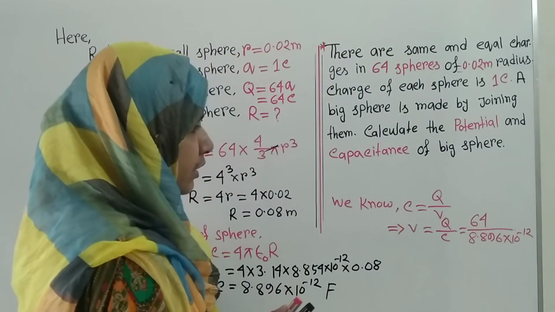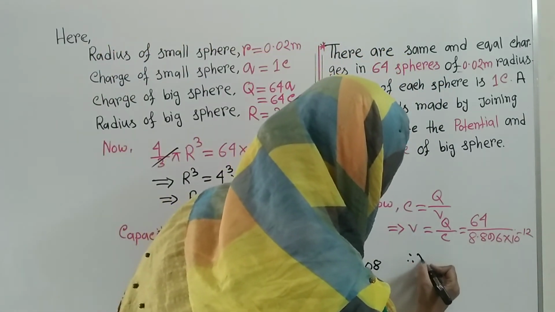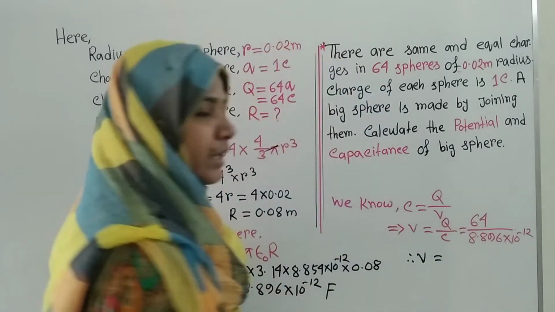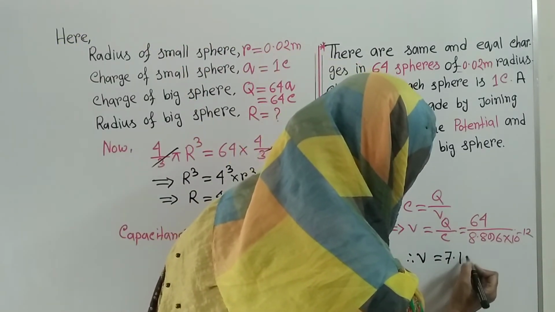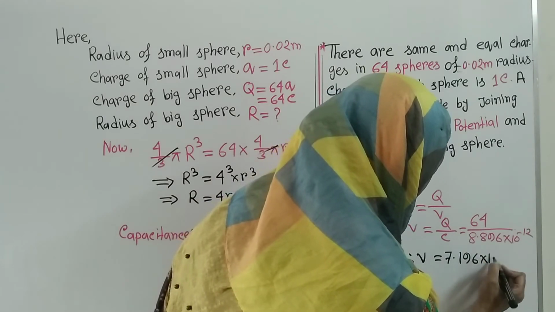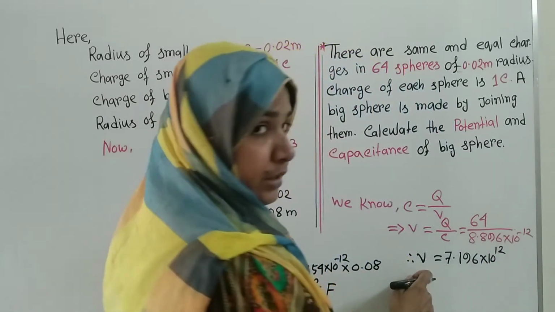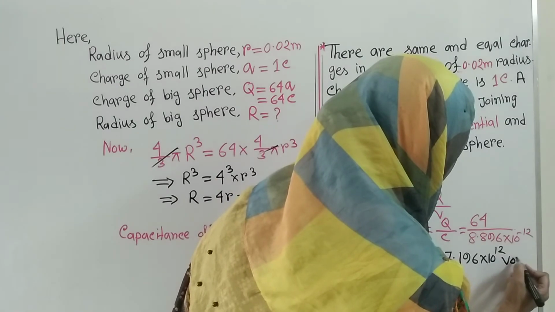Now by calculating it, you will get the value of the potential of the big sphere as 0.196 into 10 to the power 12, and the unit of potential is volt.